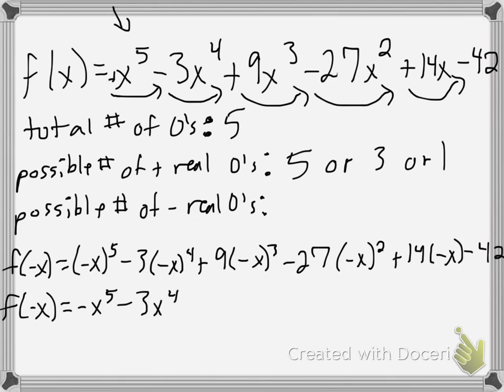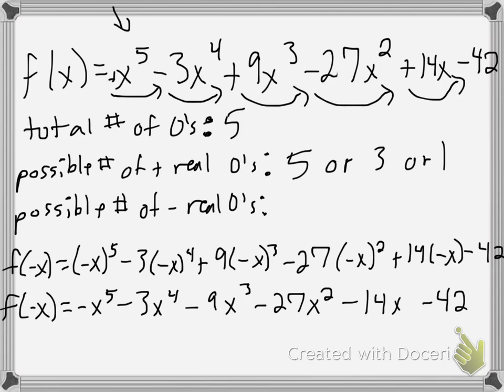So minus 3x to the 4th. Positive 9 is going to change to negative 9x to the 3rd. Negative 27 is going to stay the same. Negative 27x squared minus 14x minus 42.